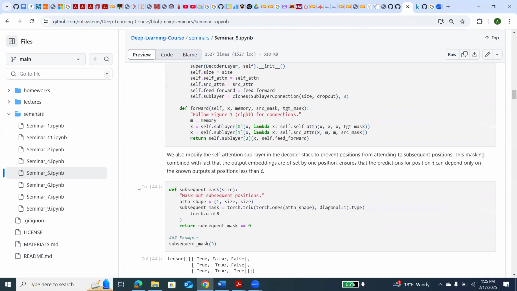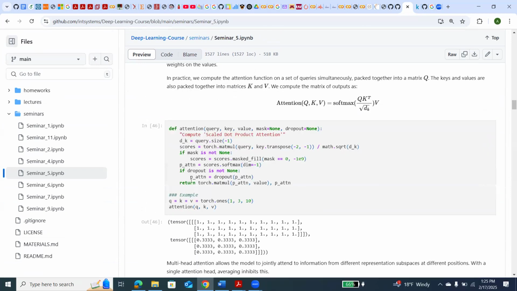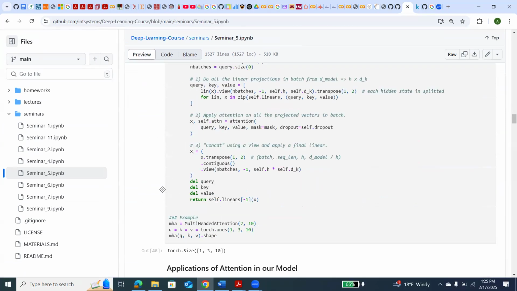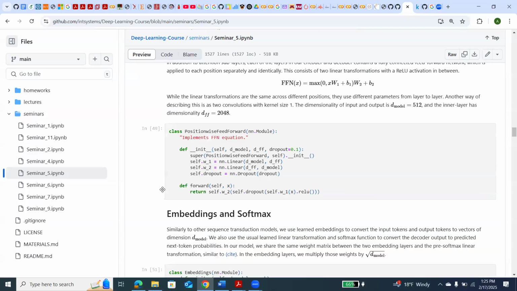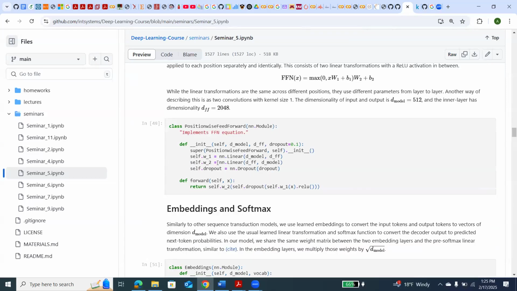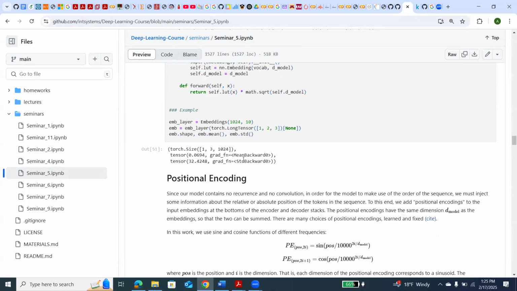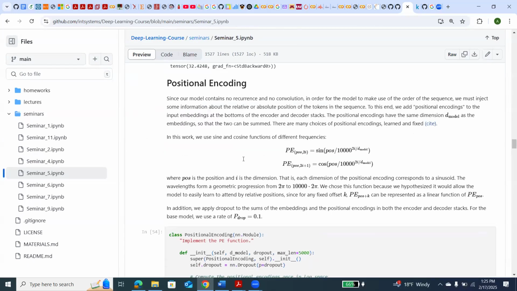You can see here all these layers implemented, like attention, multi-head attention, but also positional feed forward. So just two linear layers. But yeah, I want to show the positional embeddings.